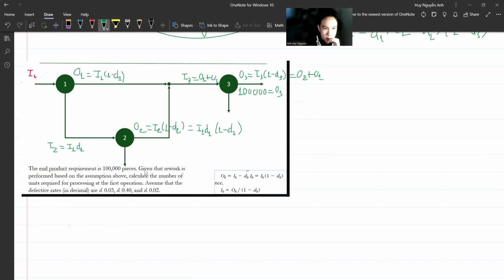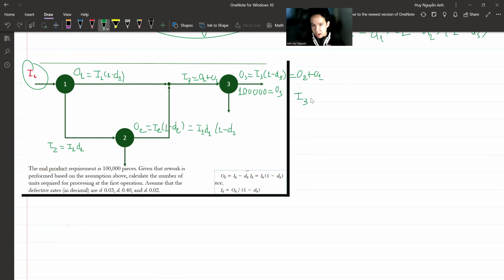So I'll repeat again. We are given the final product quantity, which is 100,000 products, and now we have to calculate the input. How much input of I1 do we need to put in so that we achieve 100,000 end products, given the information about the defective percentage, and we also rework the defective?